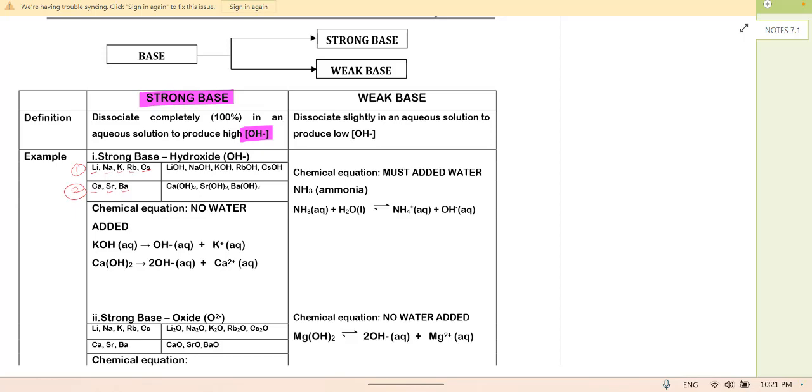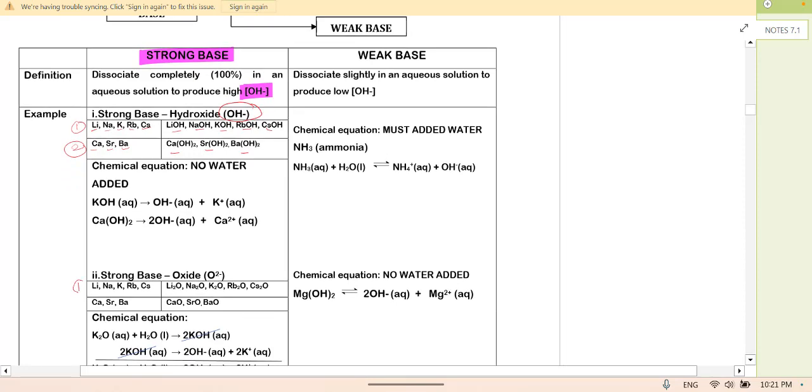All of these metals can combine with hydroxide ion to produce strong base. Bear in mind magnesium hydroxide is a weak base, because although magnesium is in group 2, magnesium is not in the list, so magnesium hydroxide is a weak base.